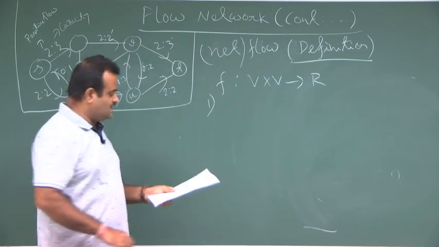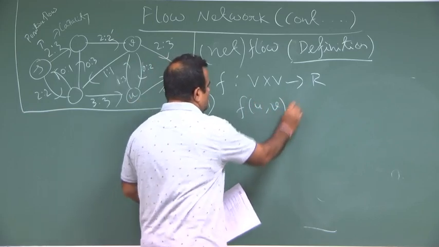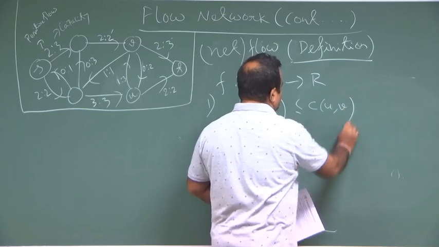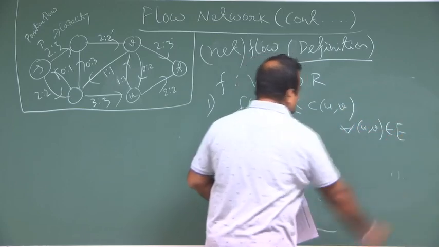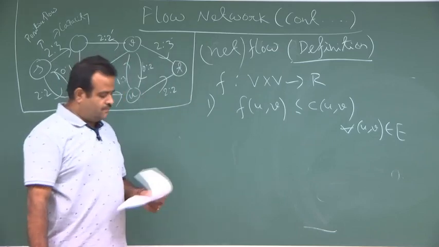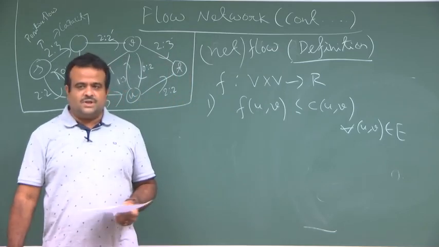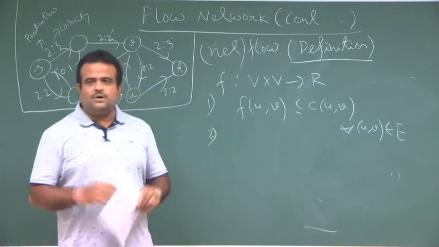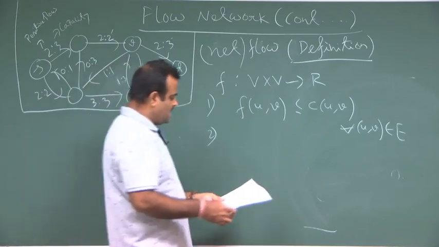Again the same capacity constraint for u v: it should be less than C of u v for all u v belonging to E. So the net flow should be less than the capacity, and flow conservation is 0 at every point, because every point has effective flow 0.